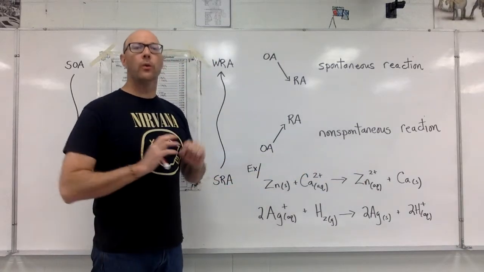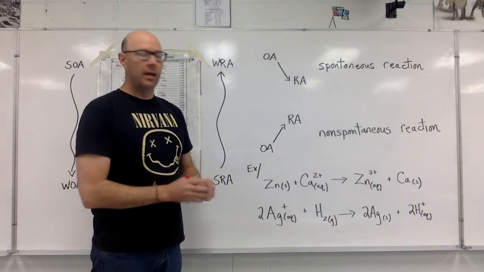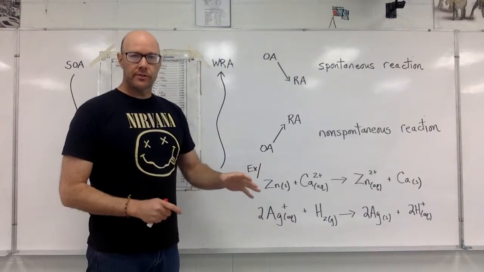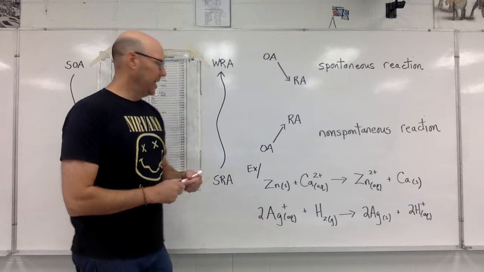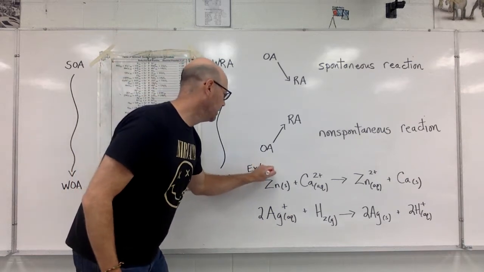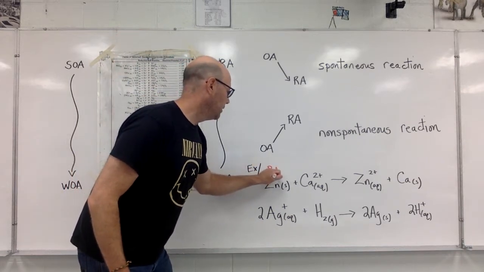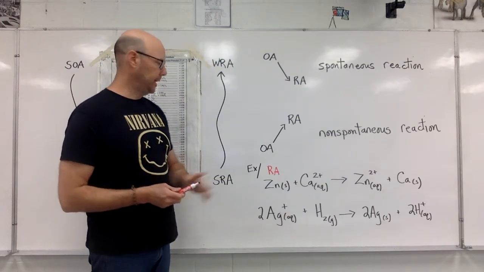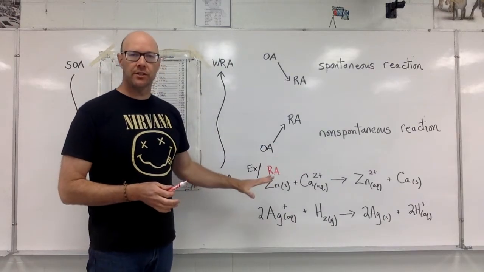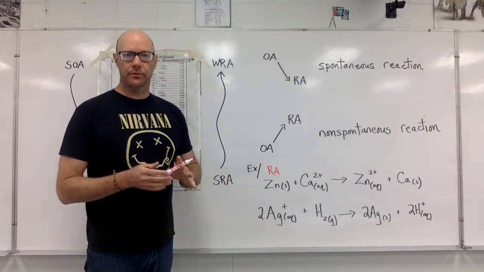How did they do that? They lost electrons. A loss of electrons is oxidation, and the substance that gets oxidized is the reducing agent.